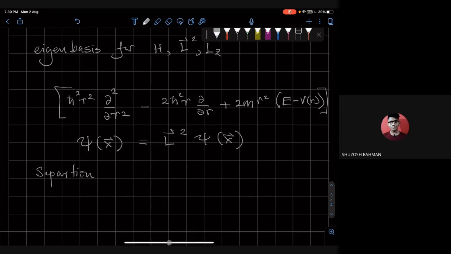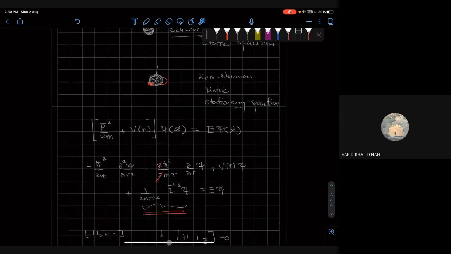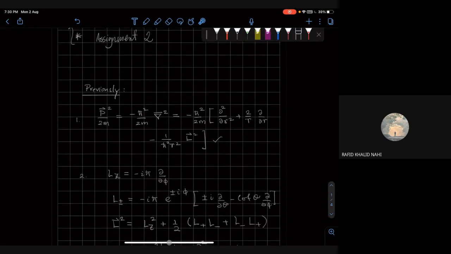Will the E be in front or the V of r? Like 2mr squared, V of r minus E. Wouldn't that be the... So you mean this thing? Yeah, I think the order should be reversed. Let's see. What you have here is a minus sign, okay?